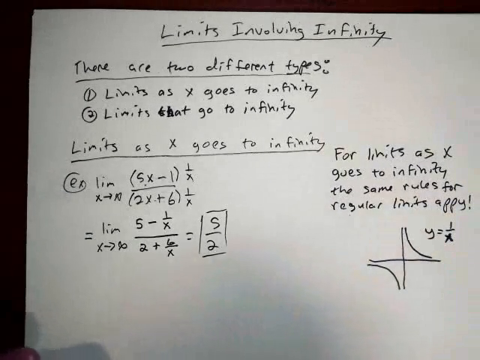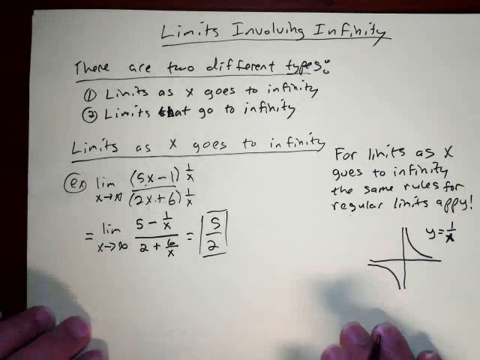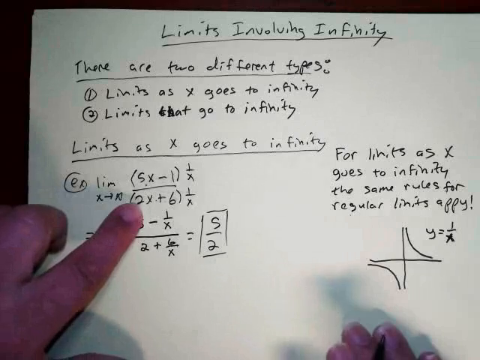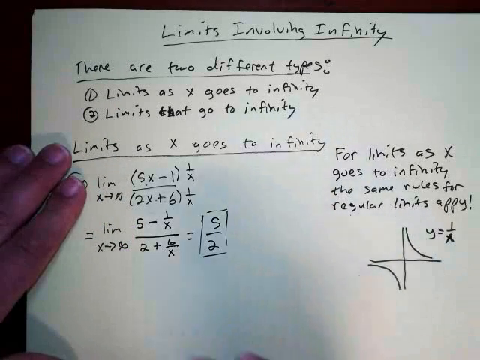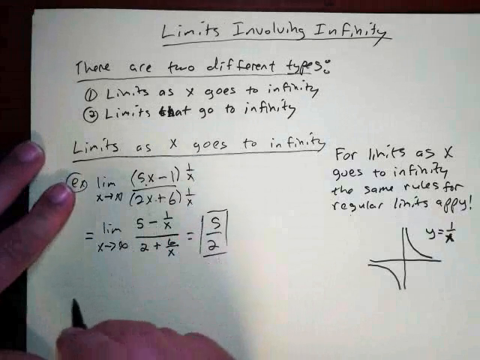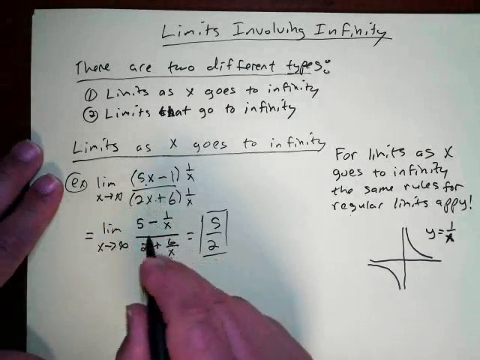Now I want to bring in something, because the section in the textbook brings this in. This is a rational function, and it will have a vertical asymptote when the denominator is equal to 0.